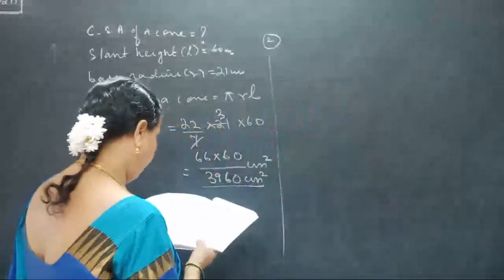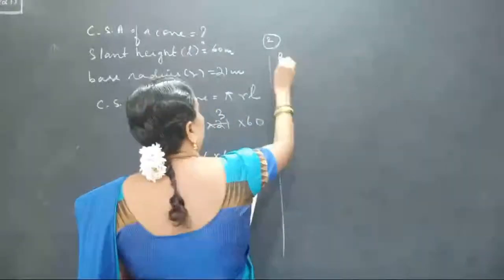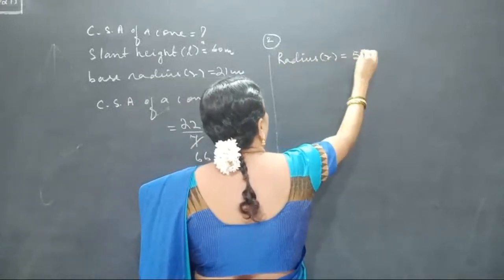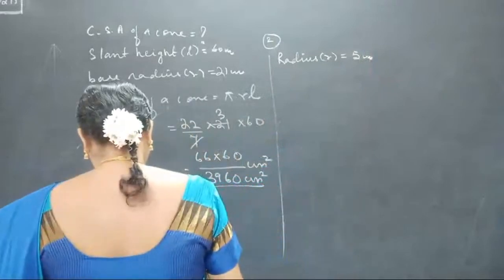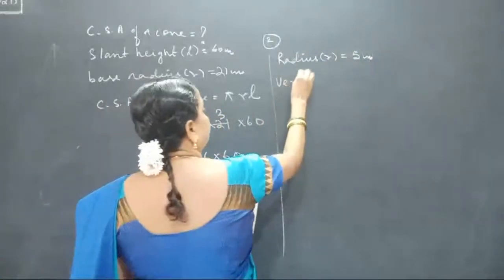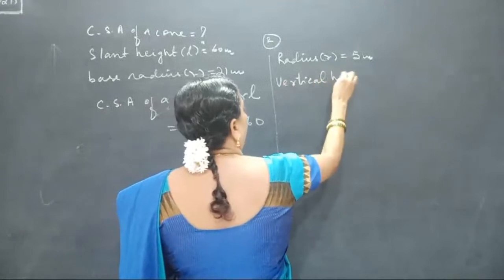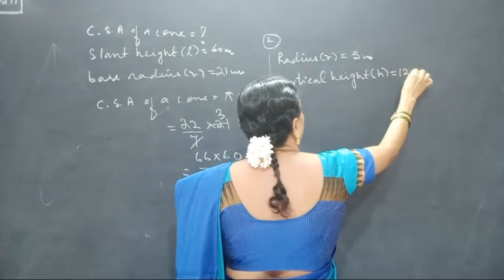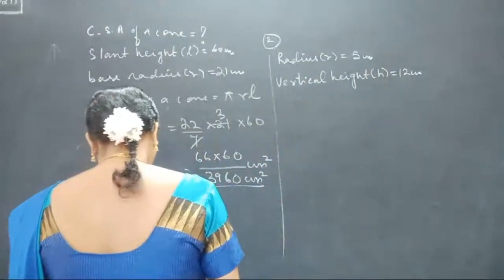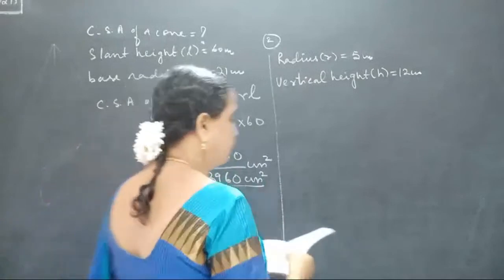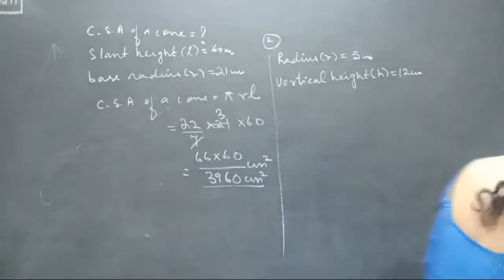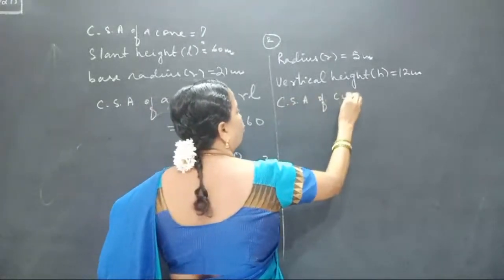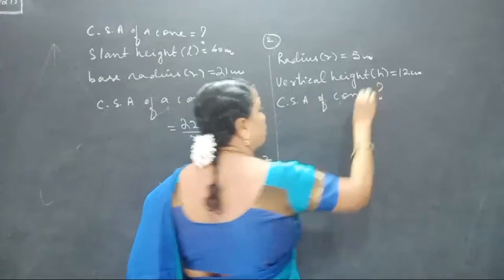The radius of a cone is 5 centimeter. So we write radius R as 5 centimeter. Vertical height H equals 12 centimeter. Find the area of curved surface. Curved surface area of cone is question mark.